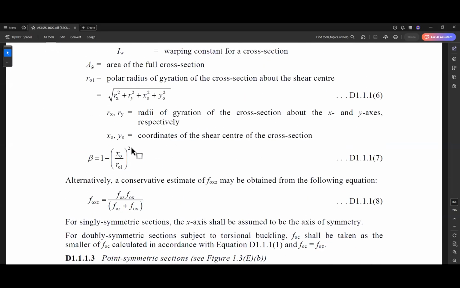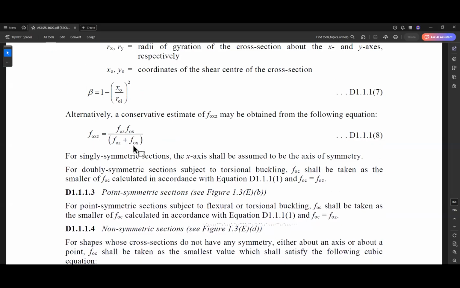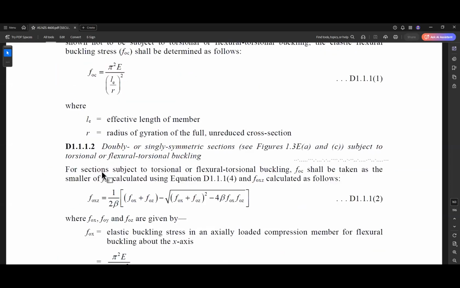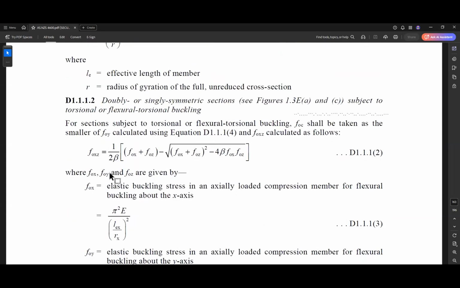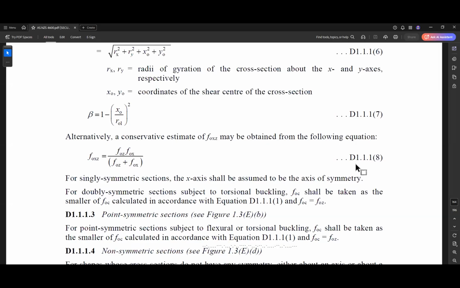If you don't have time to do this, or if you want a conservative estimation, we can replace the complicated formula here with clause D1.1.8.